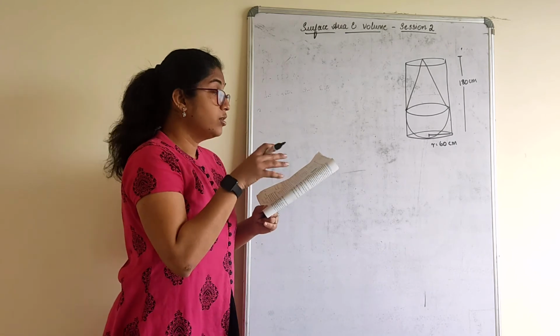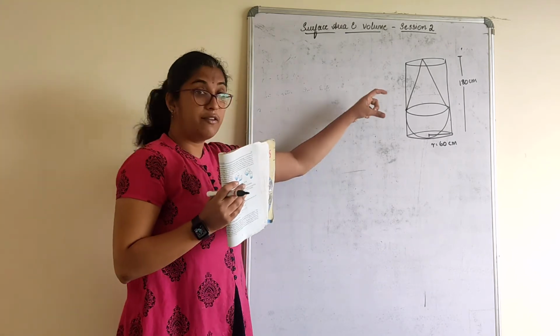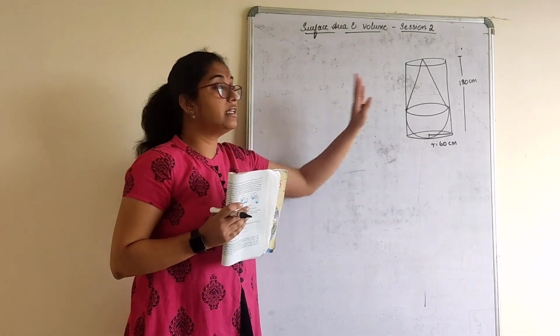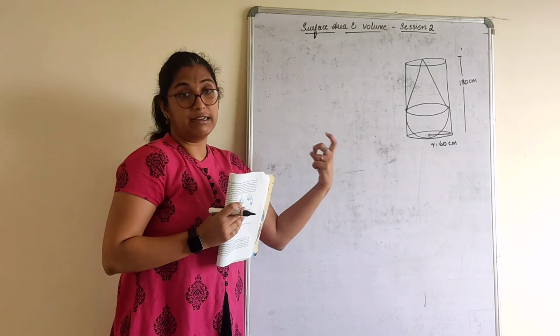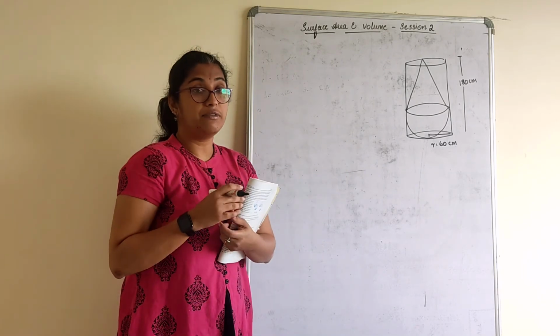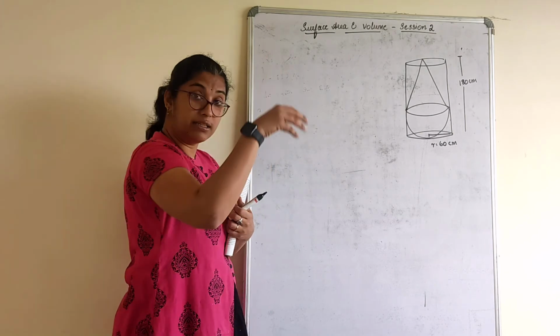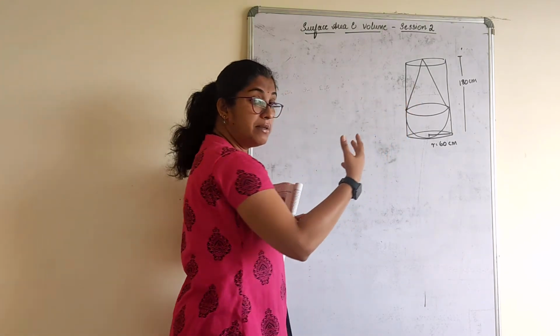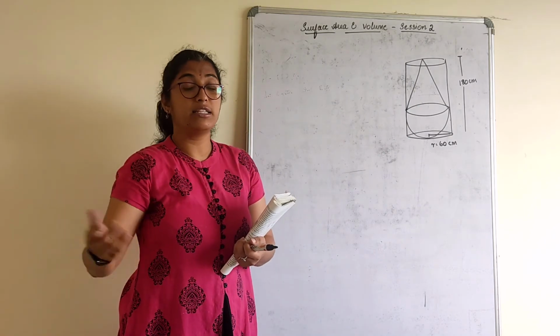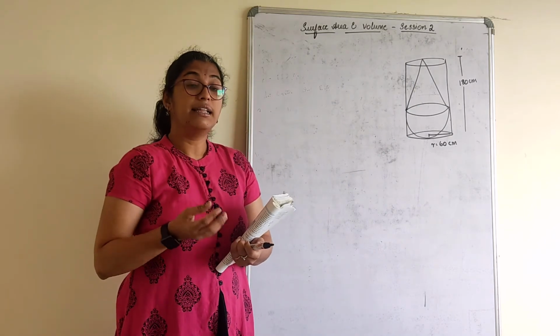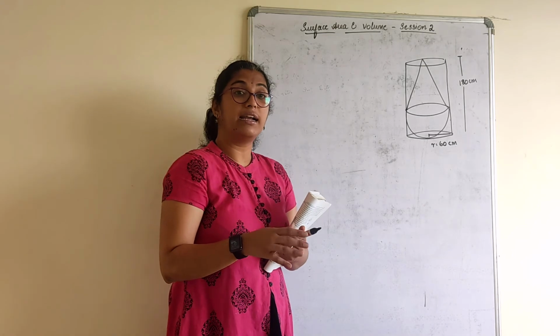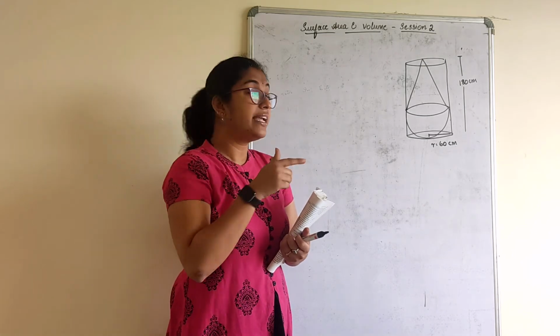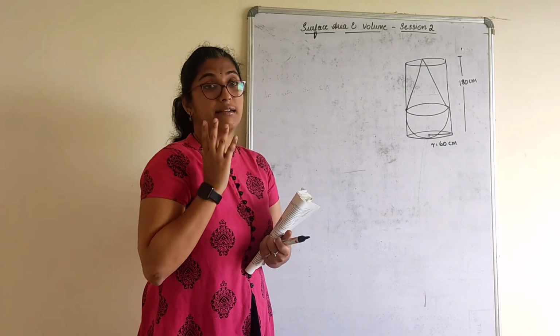I have inserted this solid figure into the cylindrical thing which is filled with water. When I insert that solid thing inside the cylinder, there will be some amount of water going out, right, splashing out. They have not asked us that. They have asked us after you insert that, how much water is remained in the cylindrical vessel.